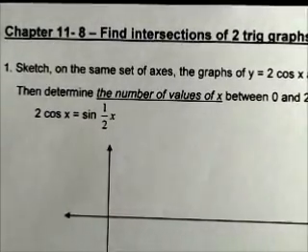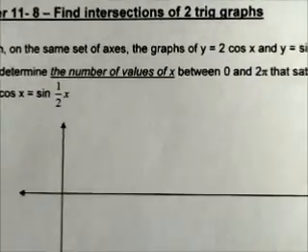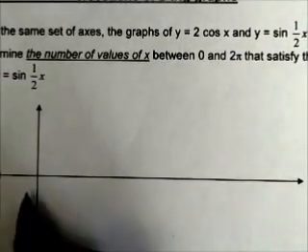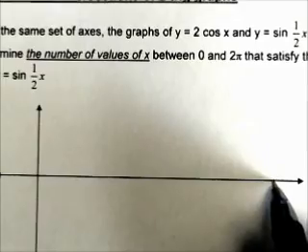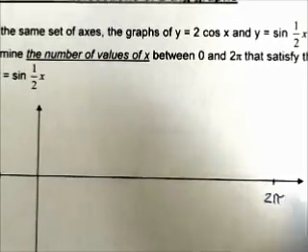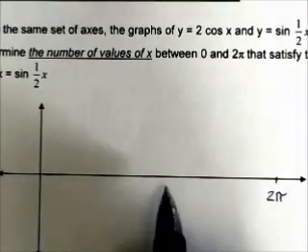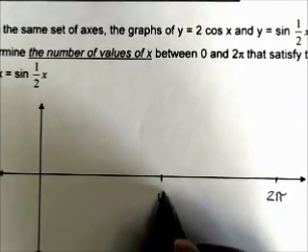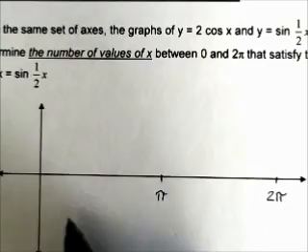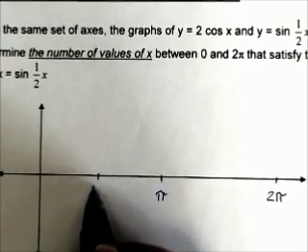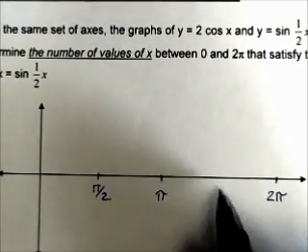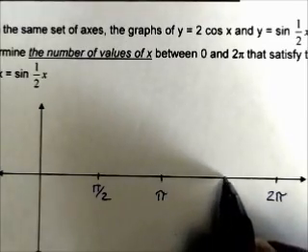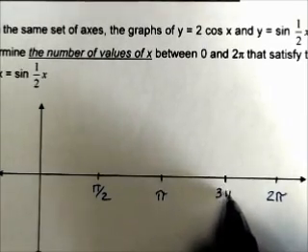So let's start off with, first we know we're going from 0 to 2 pi. So 0, 2 pi, let's start our x scale. Halfway between would be pi, and halfway between 0 and pi, pi over 2. And between pi and 2 pi, 3 pi over 2.